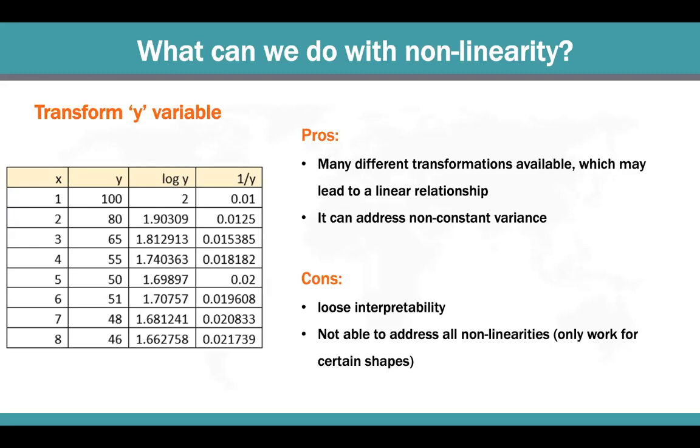And the cons of that is, the first is that it may lose interpretability. This happens especially in the effect size models. So if we are going to analyze the relationship between a professor's salary and the years he taught, the y variable will be the professor's salary and the x will be the years he taught.